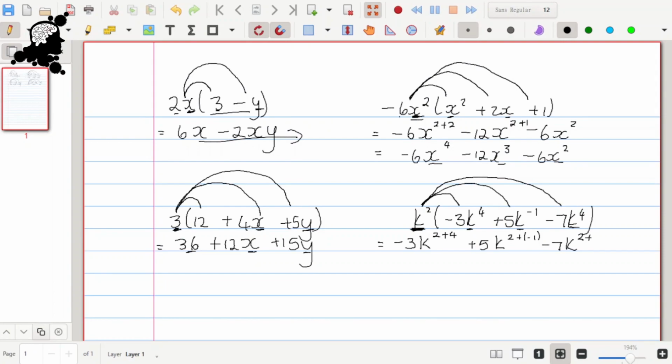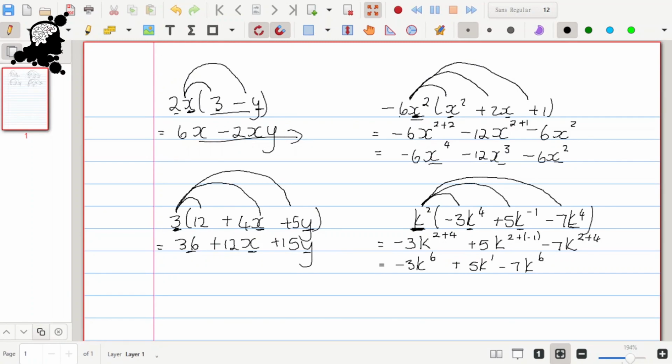Let me add their exponents. So this is going to give us negative 3k to the power 6 plus 5k to the power 1, which is just 5k, minus 7, let's see, k to the power 6.